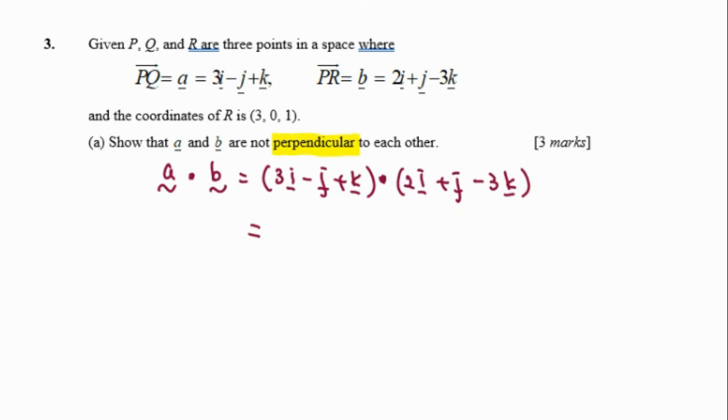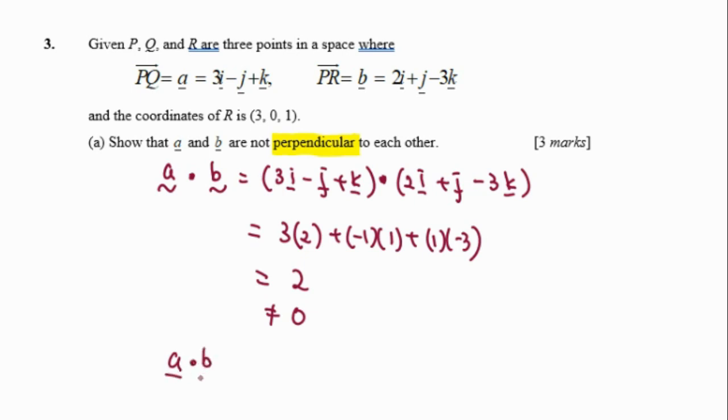We are going to multiply the scalars here, which is 3 times 2, plus -1 times 1, and 1 times -3. So here we will get 2, which is not equal to 0. Therefore, when we find A dot B is not equal to 0, their relationship will be that A and B are not perpendicular.